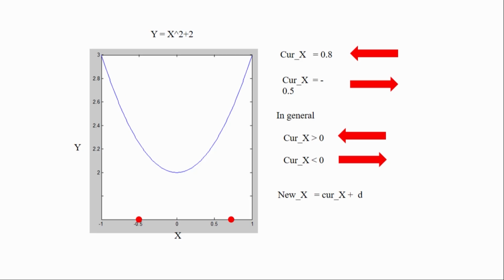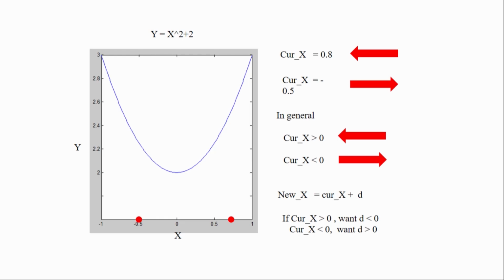So even coming to that, let's say if you had such a direction, what you could do is start with your current value for x and then move in that direction, and then your new x would be the step that you've taken in the direction that you have chosen, right? In particular, if current x is greater than 0, we want d to be less than 0.